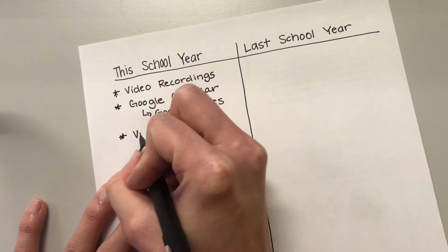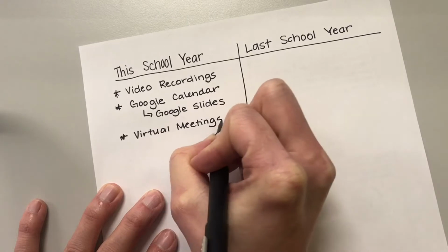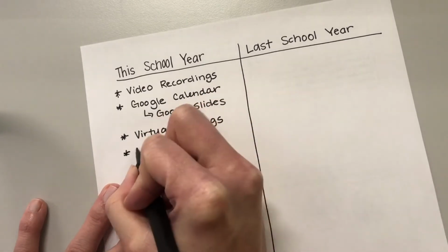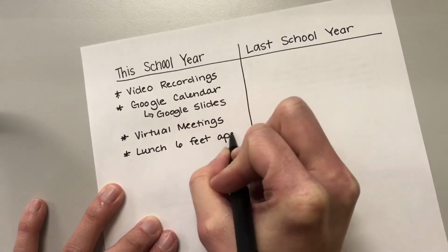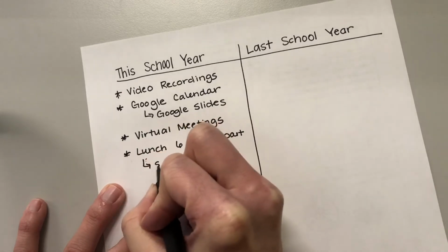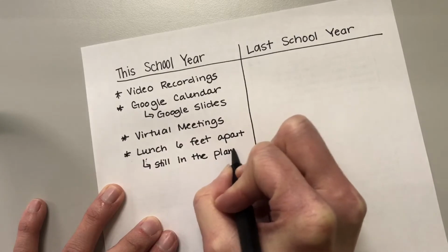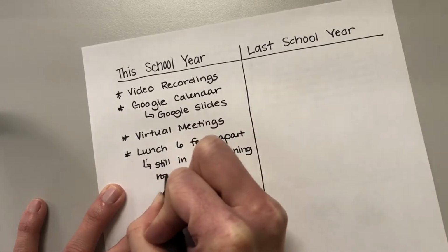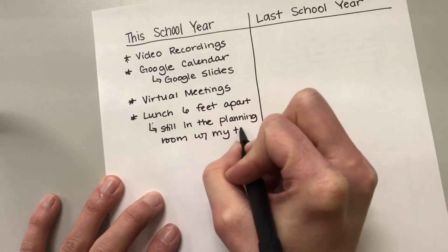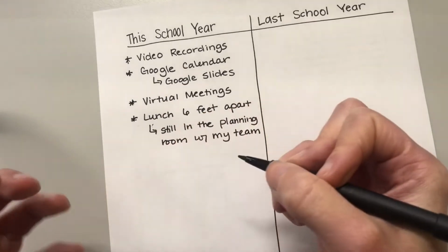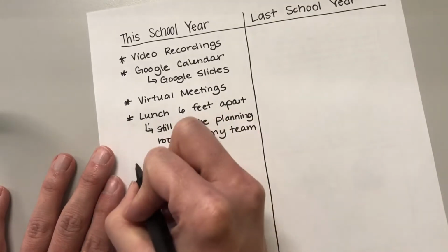Let's see, I have virtual meetings. Lunch is 6 feet apart. I will say it's still in the planning room though, with my team. That portion has not changed because I have to think some things need to be in comparison as well, so I know that that is actually similar there.